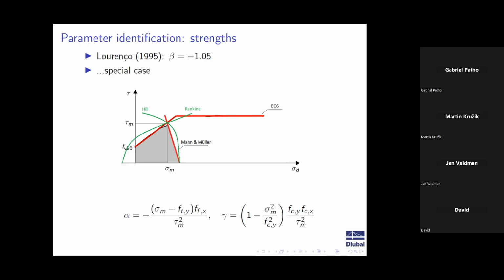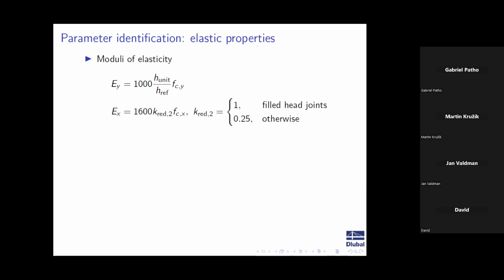Okay, we have all our strength parameters. We can go to our elastic moduli. Epsilon y, this is my strong axis. This is again something that is prescribed in the Eurocode. This is 1000 times my compressive strength, which we modified with a little factor.